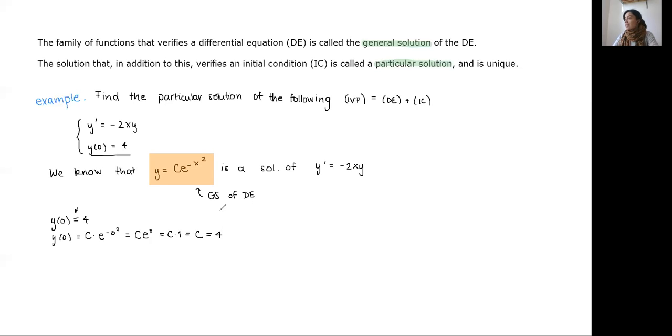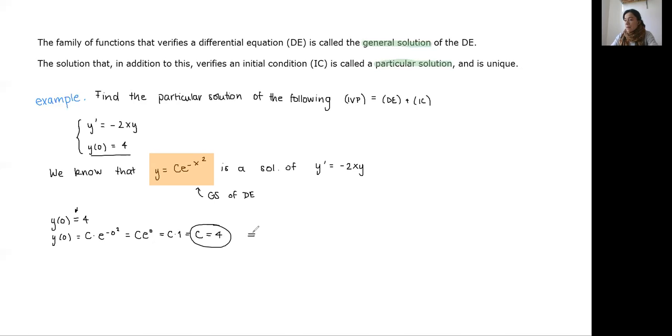And what I'm trying to find is the one value out of the infinitely many values of c that I can have, the one value that is actually going to make this function satisfy the initial condition. And the value for my constant is just going to be c is equal to 4.